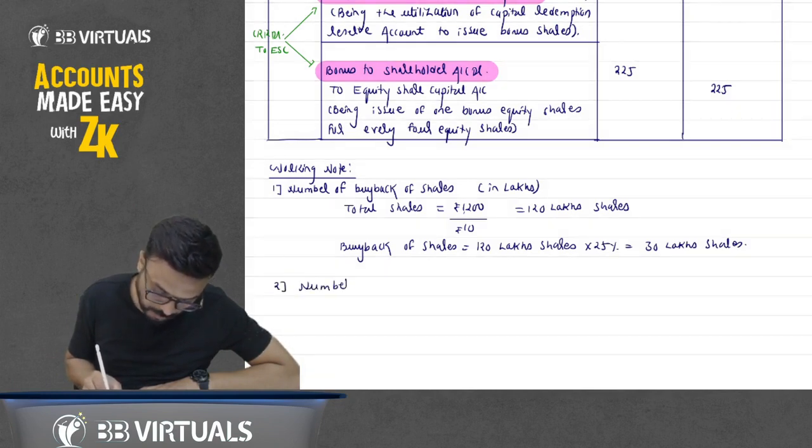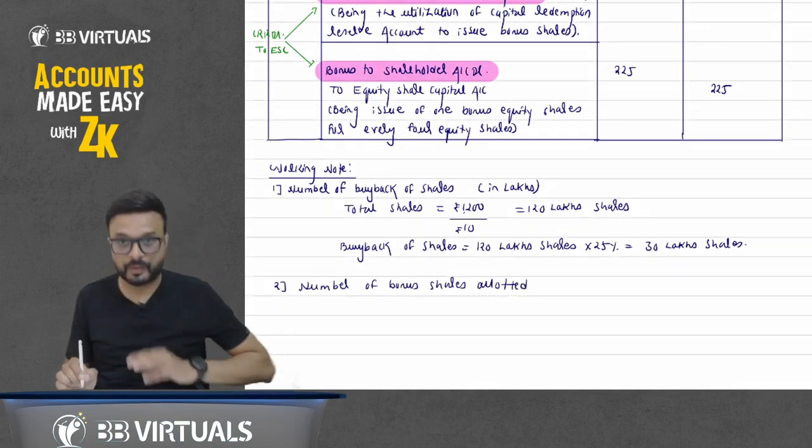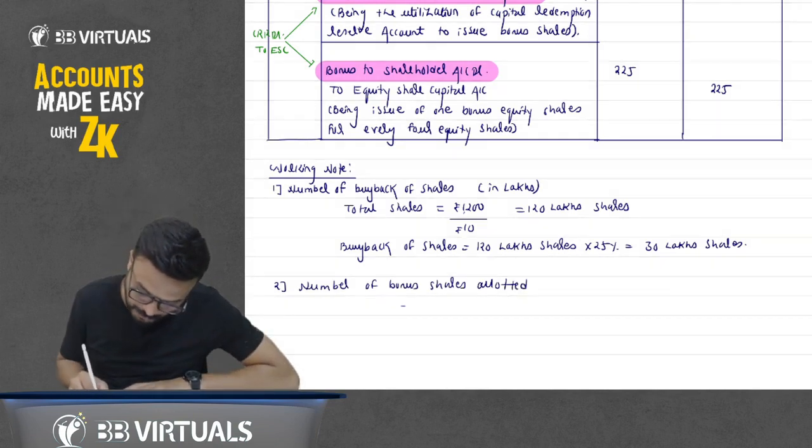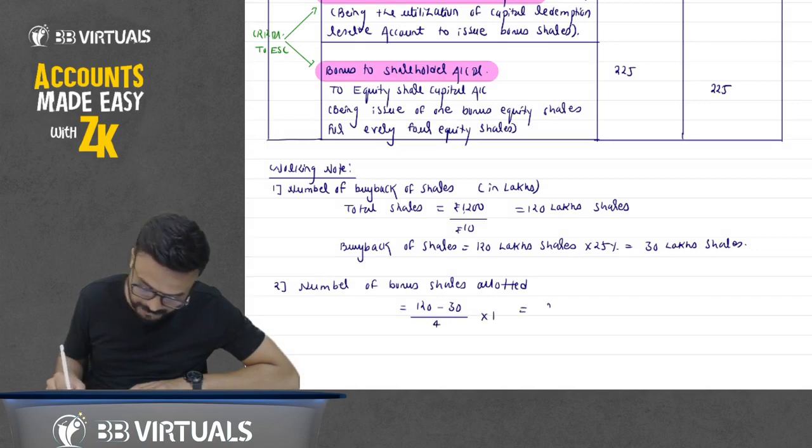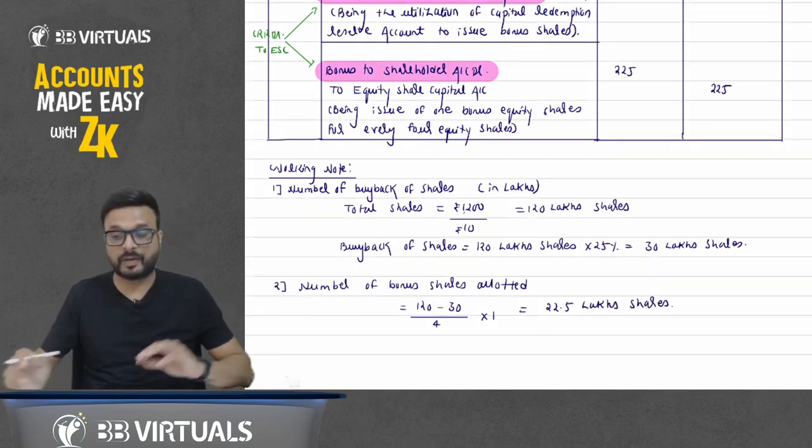Working note number 2: number of bonus shares allotted. In total they have 120 lakhs, out of which 30 they have bought back. For every 4 shares they are giving 1, that comes to 22.5 lakh shares.